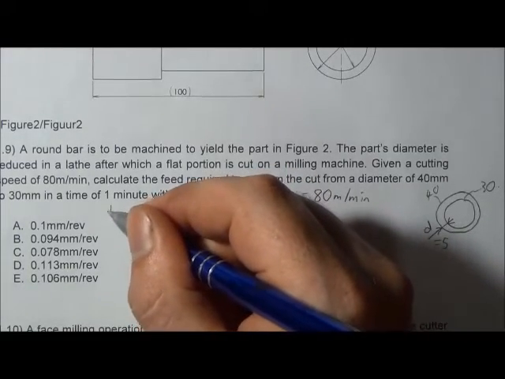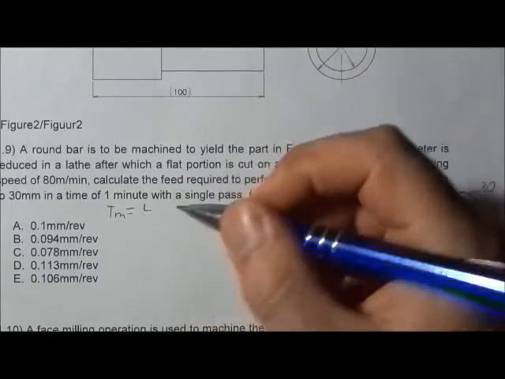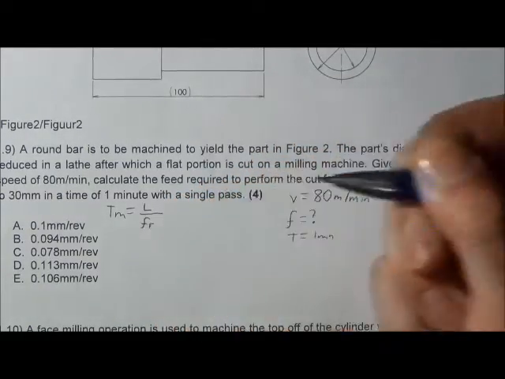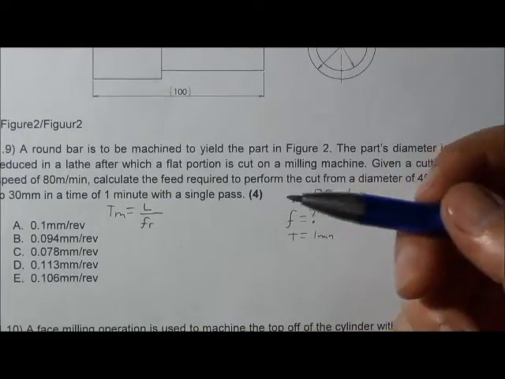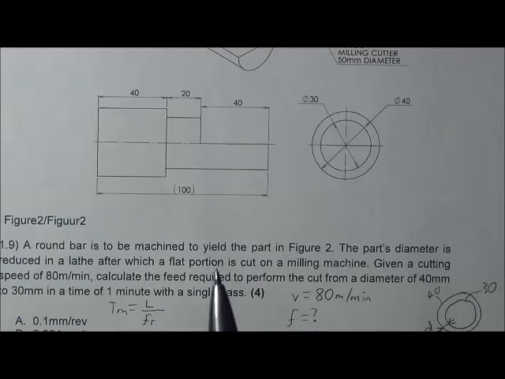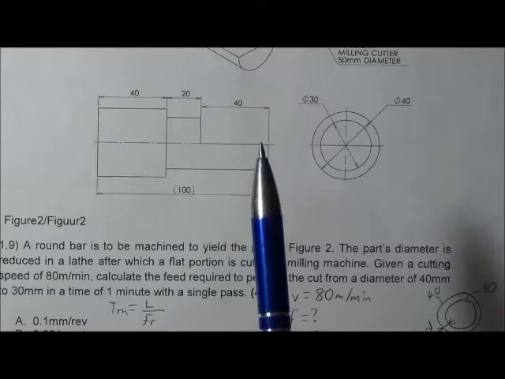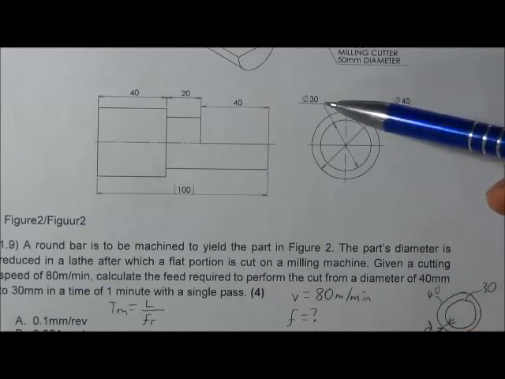From our formula sheet, time is equal to the distance we traveled divided by the speed at which we were traveling. Time is L over Fr. Now the length of the part that is cut from 40 to 30 is this entire end of the shaft, reduced from 40 to 30.